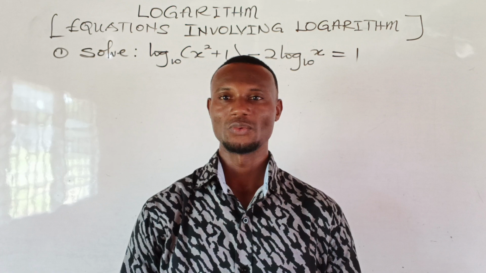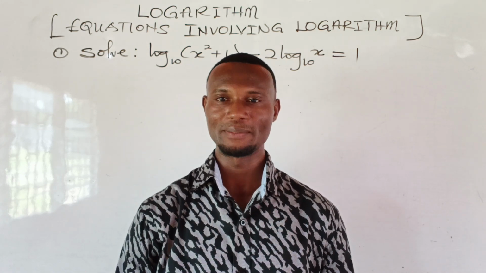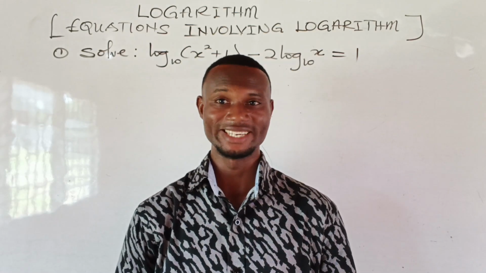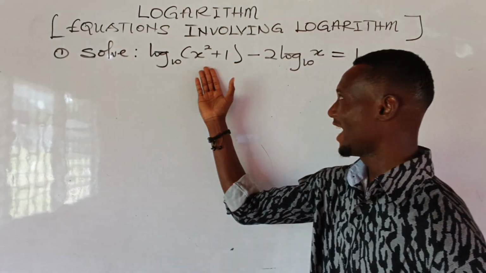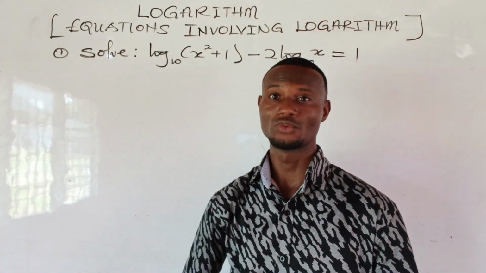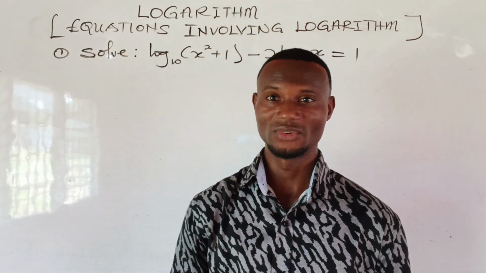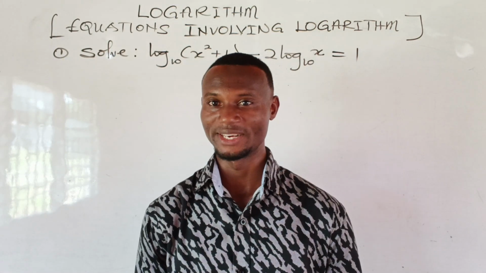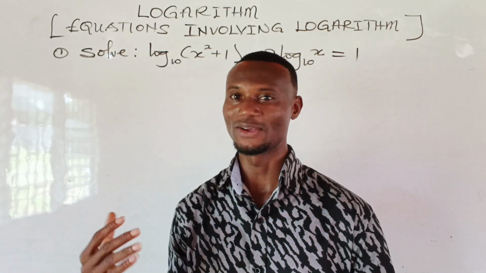Just as when you have any given equation, there's an unknown variable inside that you are supposed to solve for, it's the same thing. In this case, I have s to be the variable that we are going to solve for, but it contains logarithm, and that is equations involving logarithm. So we are just going to solve for the value of s in the equation given.